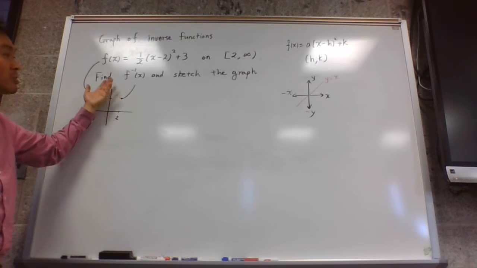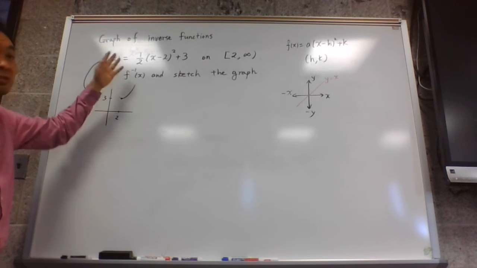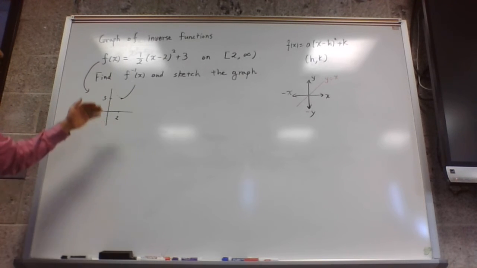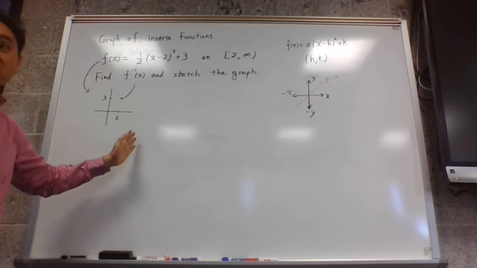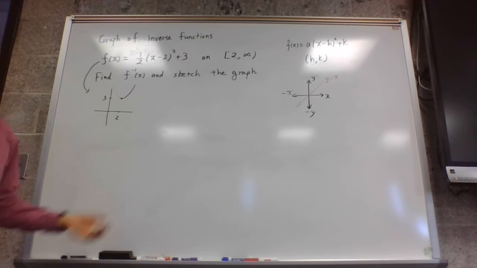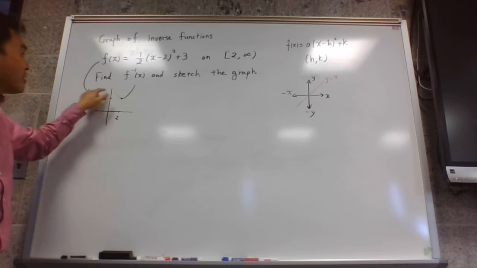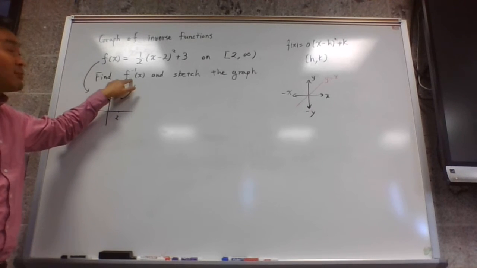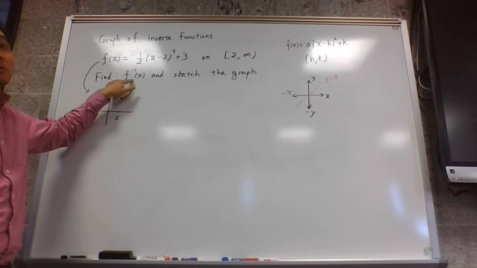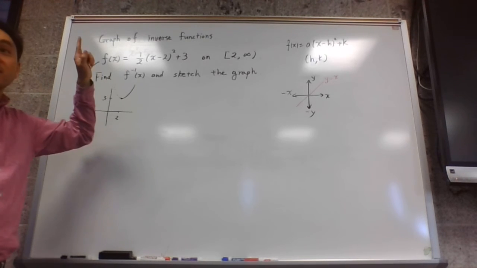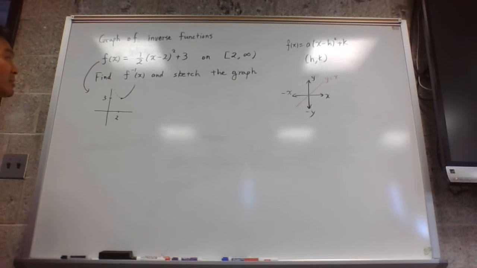In other words, you're testing the inverse function to see if it's a function or not. If some function fails the horizontal line test, it's going to fail the vertical line test, which means it fails to be a function. And that's why failing the horizontal line test means f inverse of x cannot be defined, or at least f inverse of x will not be a function. Get it? Okay. That's a very important point.